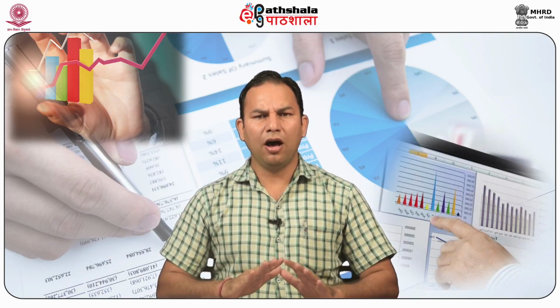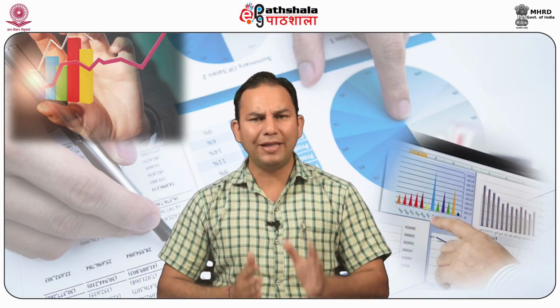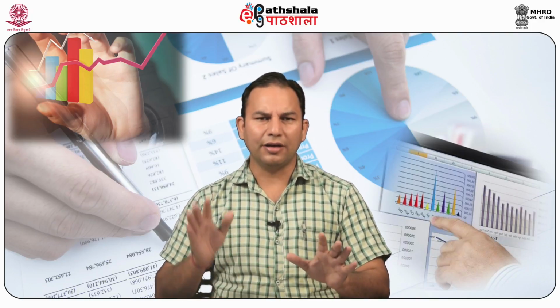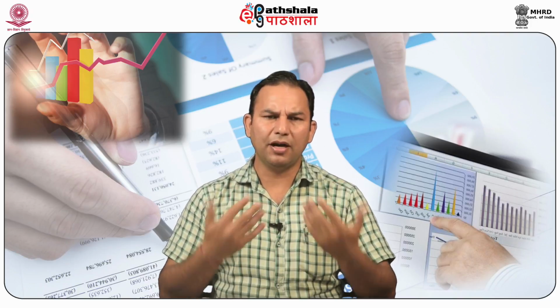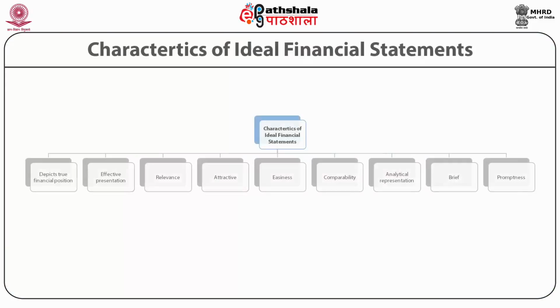These decisions are very important to all parties concerned, whether it is investors, creditors, bankers, government, trade associations, or stock exchanges. The utility of these statements is dependent upon a number of factors. The financial statements suffer from various limitations.